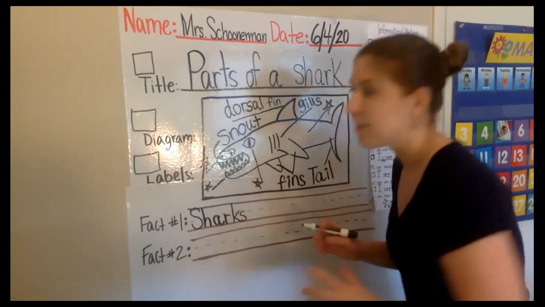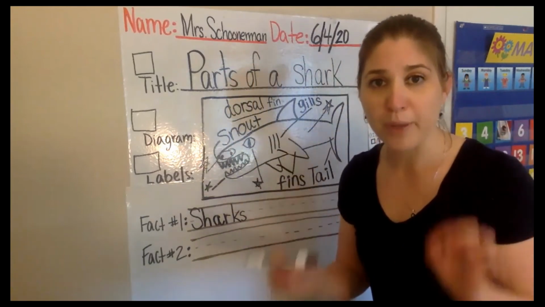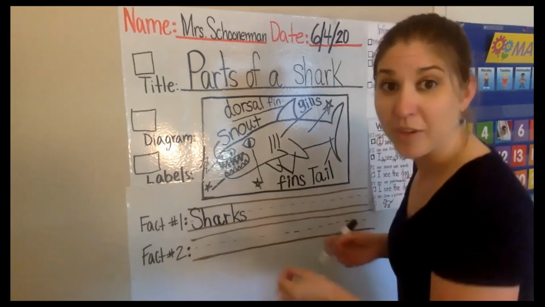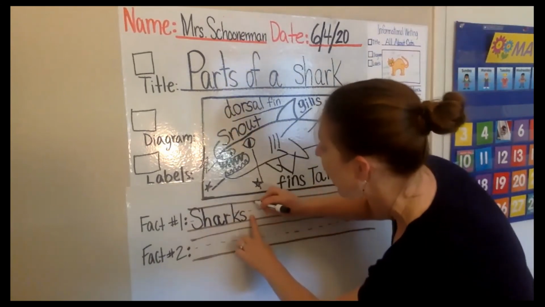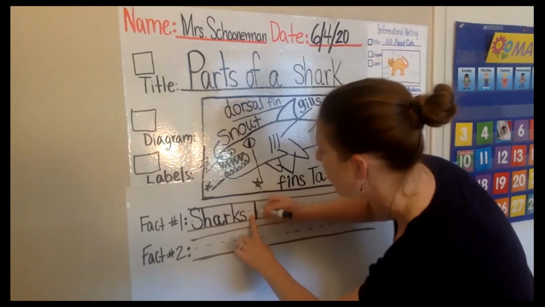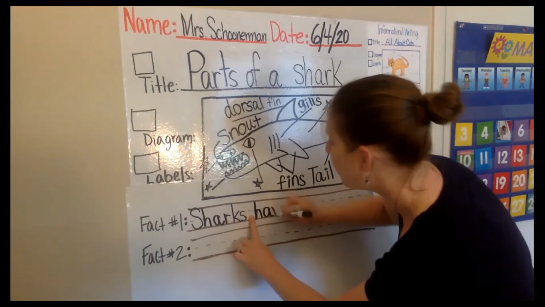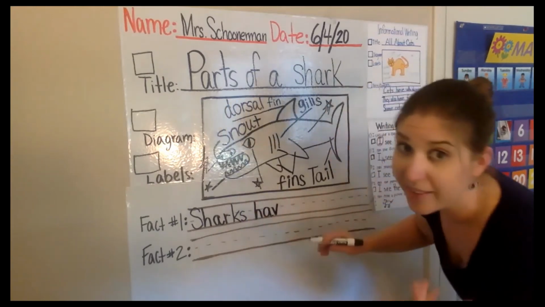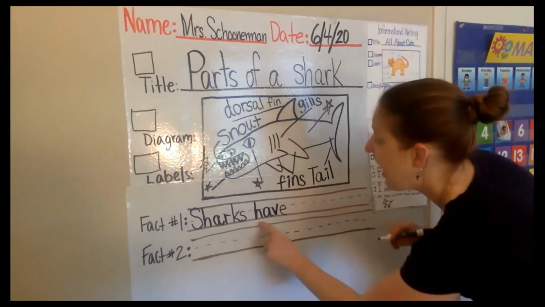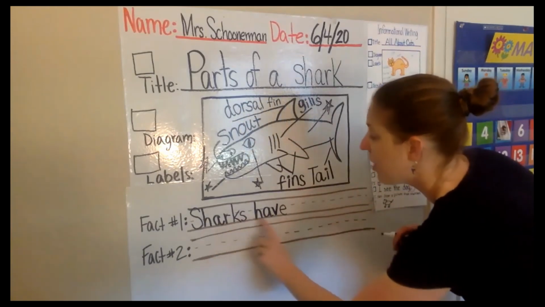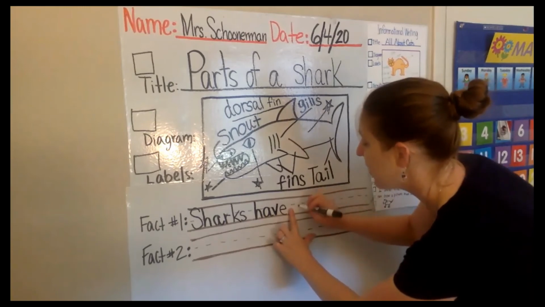Leave a finger space. Next word. The sentence is sharks have sharp teeth. So the next word is a sight word. Leave a finger space. Have. Remember how to spell have? And at the end of this word, there is a silent E. Have. Sharks have. Leave a finger space. New word is starting.